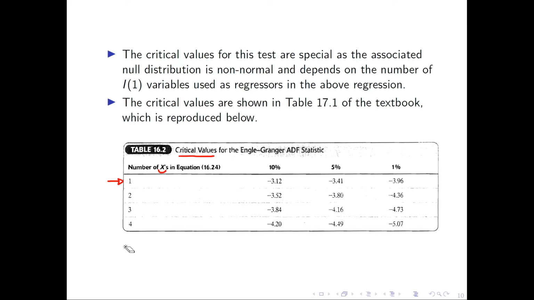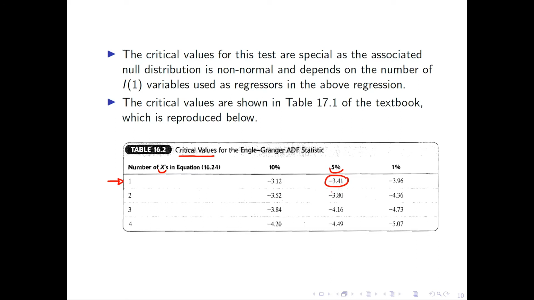However, in our course, we are only going to consider the cases in which we have one y variable and one x variable. So then, for example, if you have a 5% significance level, you would compare the ADF statistic or the Engle-Granger ADF statistic to the critical value of negative 3.41.